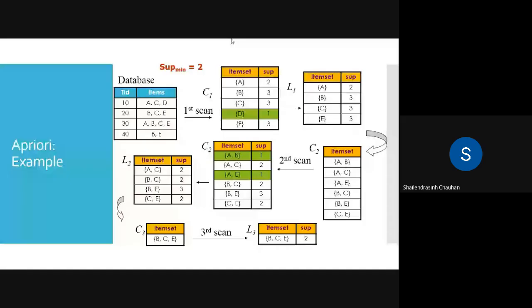Then you will find out strong association rules. This is the first step.